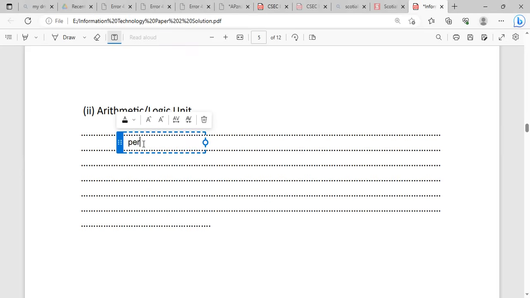It performs, and this is kind of obvious, all arithmetic operations, whether add, subtract, divide, whatever. So that's one function. Can you guys give me another now? And it performs logical operations.